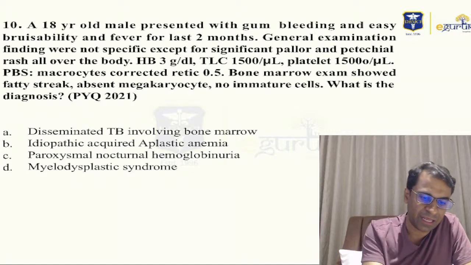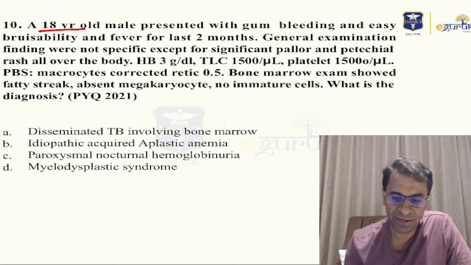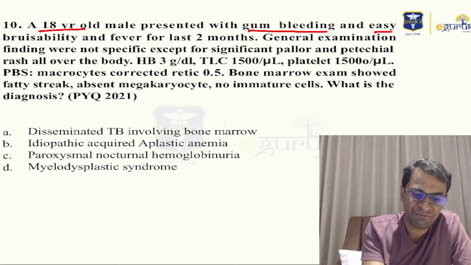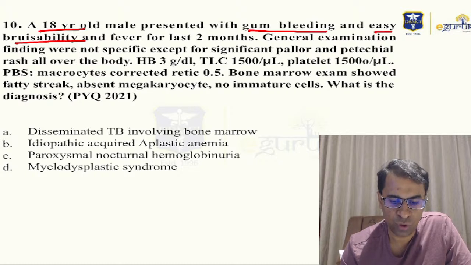Next question. An 18-year-old male presents with gum bleeding, easy fatigability, and fever for 2 months. Examination shows significant pallor and a petechial rash all over the body.